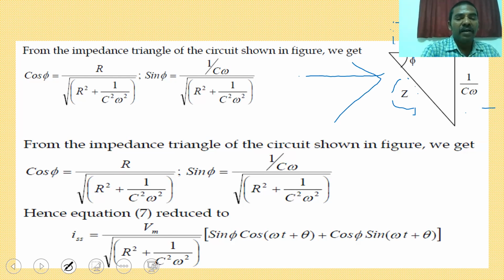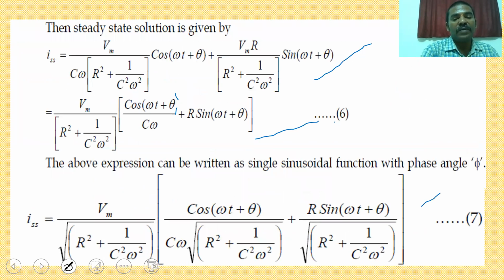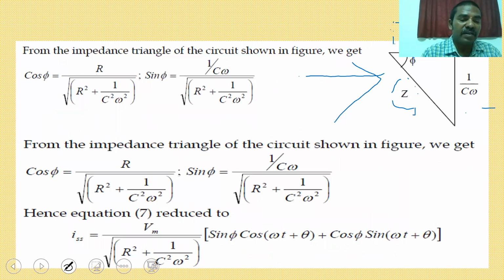I am replacing the terms with respect to these. So ISS is equal to Vm divided by root of r square plus 1 by c square omega square, into sin phi cos omega t plus theta plus cos phi sin omega t plus theta. So it is sin A cos B plus cos A sin B.